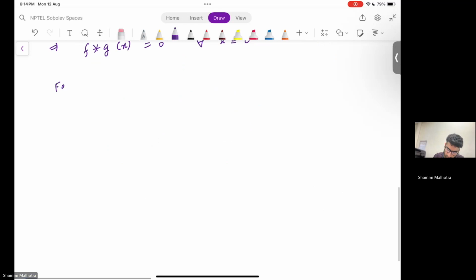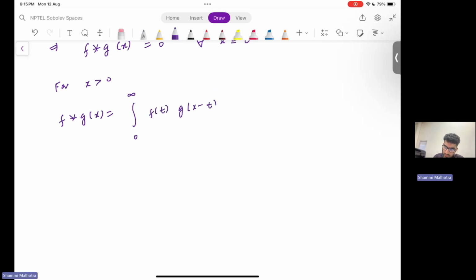Now for x positive, f star g (x) is nothing but the integral from 0 to infinity of f(t) g(x minus t) dt, since it is a Heaviside function. Let us put in the values of these functions. What is f(t)?